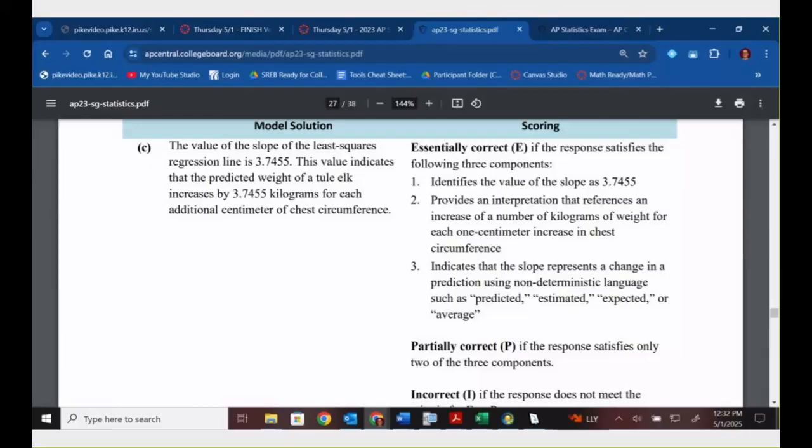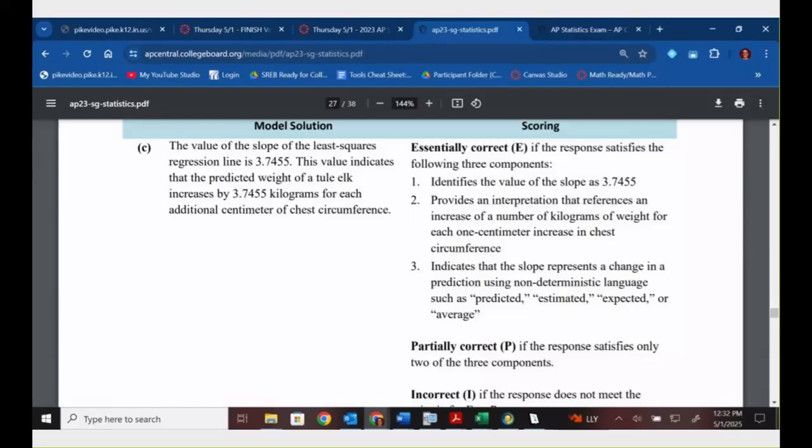Yes? We have to actually say that this being a part of the answer doesn't count for the first, because technically the question didn't say identify and interpret. Let me see. Interpret the slope of the least square.